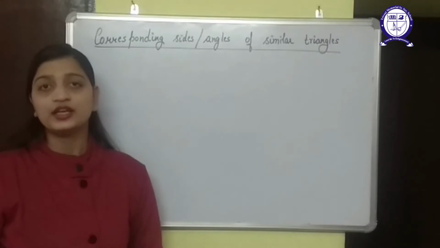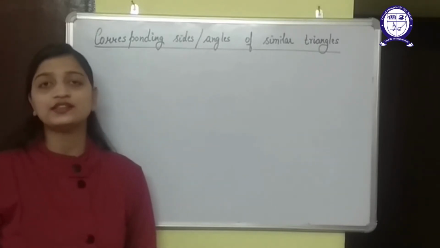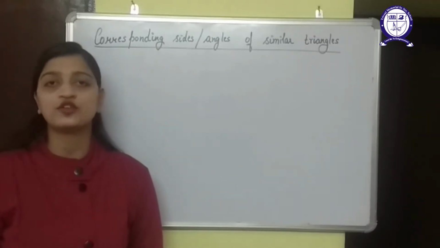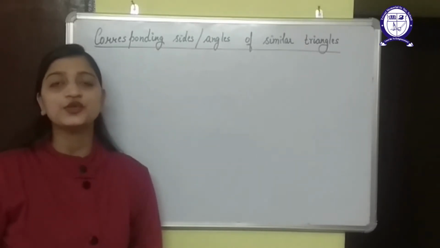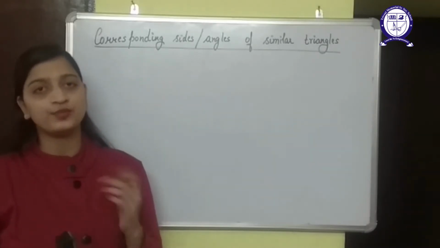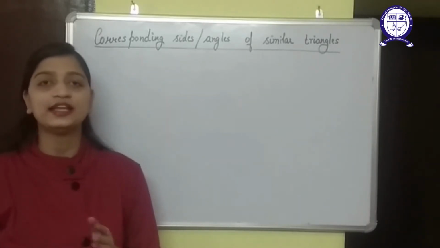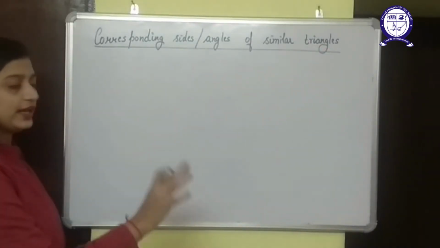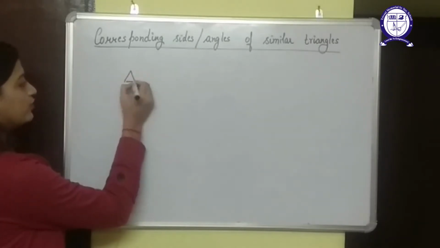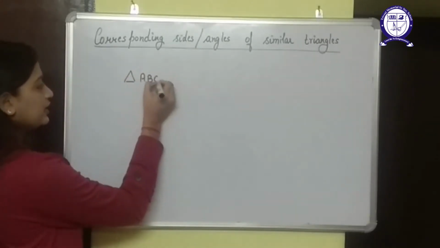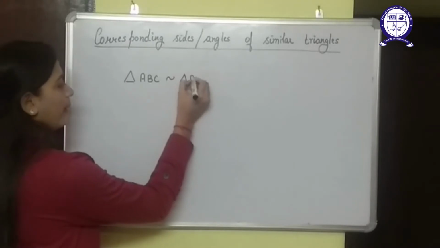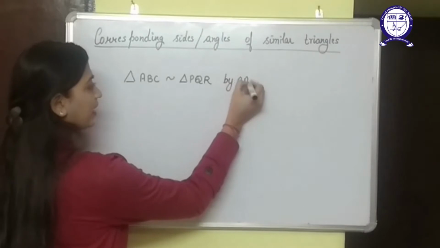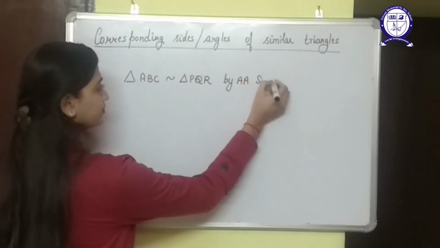Now after proving the congruent triangles, we know that there is a property called CPCT, that is corresponding parts of congruent triangles. Similar to that, here also we have some property after proving that any two triangles are similar. So let's see what that is. Suppose in any question I have proved triangle ABC similar to triangle PQR by angle similarity.